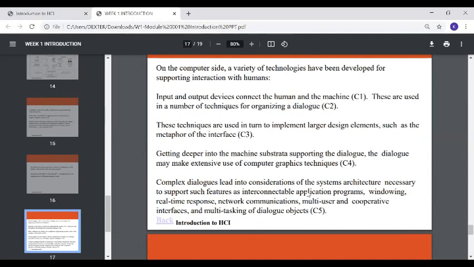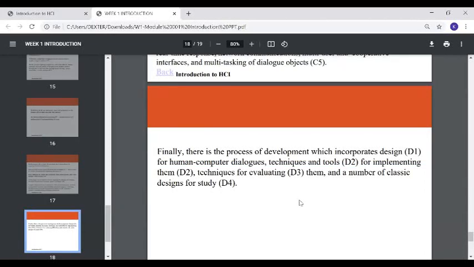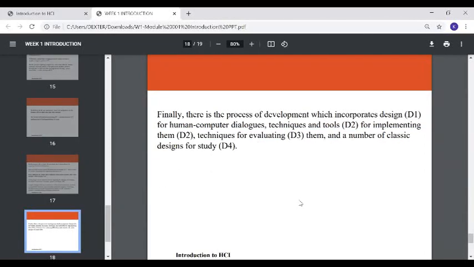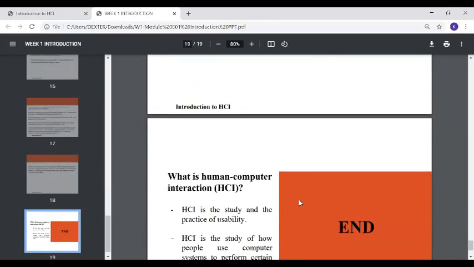Complex dialogues lead into a consideration of the system architecture, and necessarily to support such features as interconnectable application programs with real-time response, network communication, multi-user and cooperative interfaces, and multitasking of dialogue objects. Finally, there is the process of development, which incorporates design for human-computer dialogue, techniques and tools for implementing the techniques, for evaluating them, and a number of classic design methods for the study.